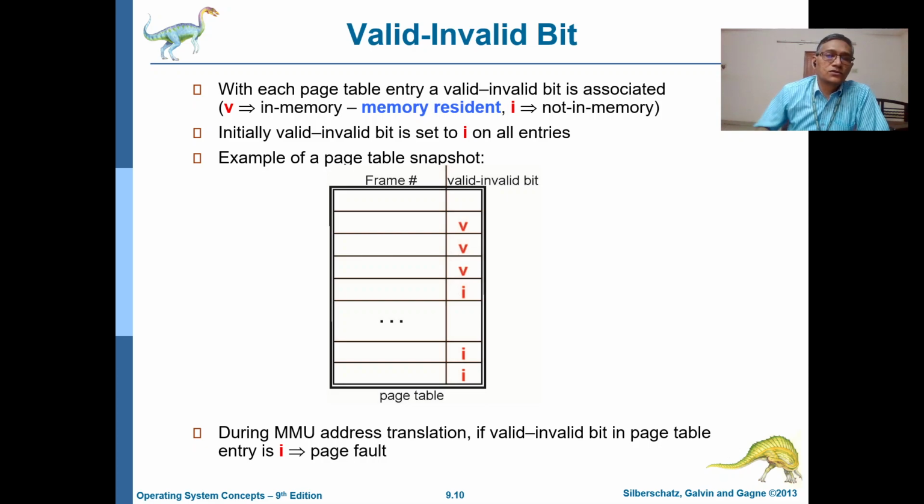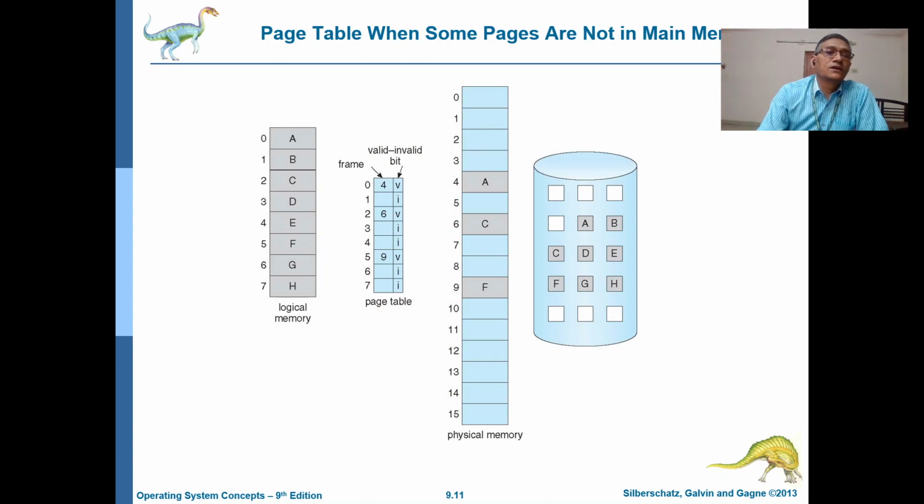This is how the corresponding page table will look. The valid bit V means it is in memory, I means it is not in memory. During MMU address translation, if the valid-invalid bit in the page table entry is I, then we call it a page fault. A page fault means the requested page is not available in the main memory. If you see this page table, some pages are not in main memory.